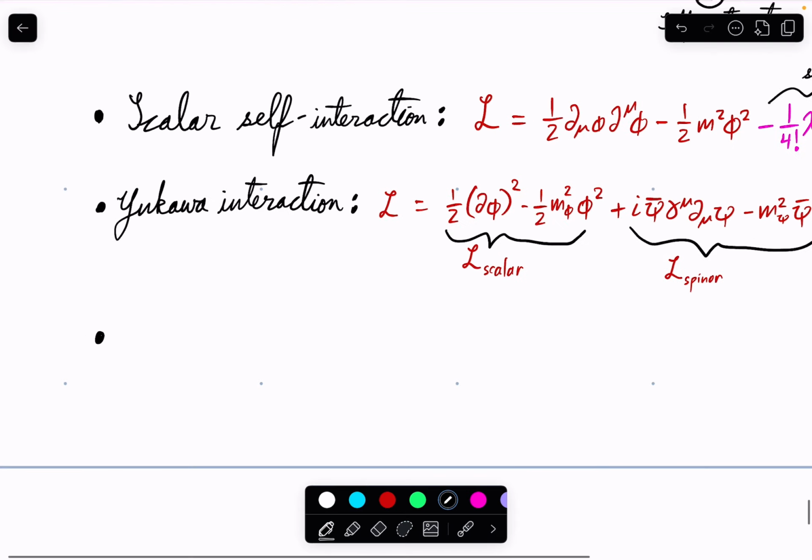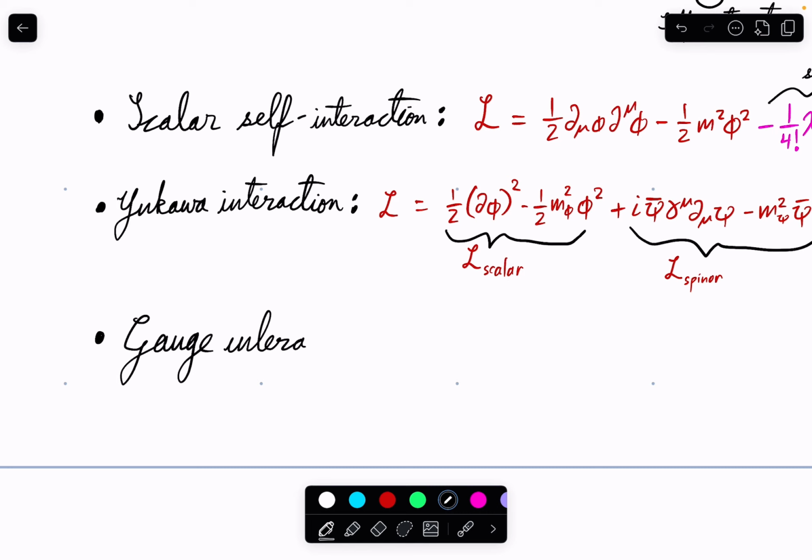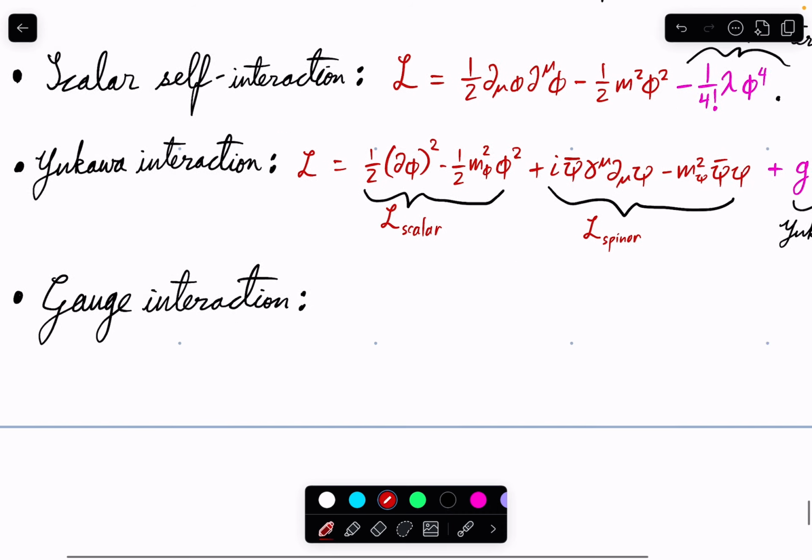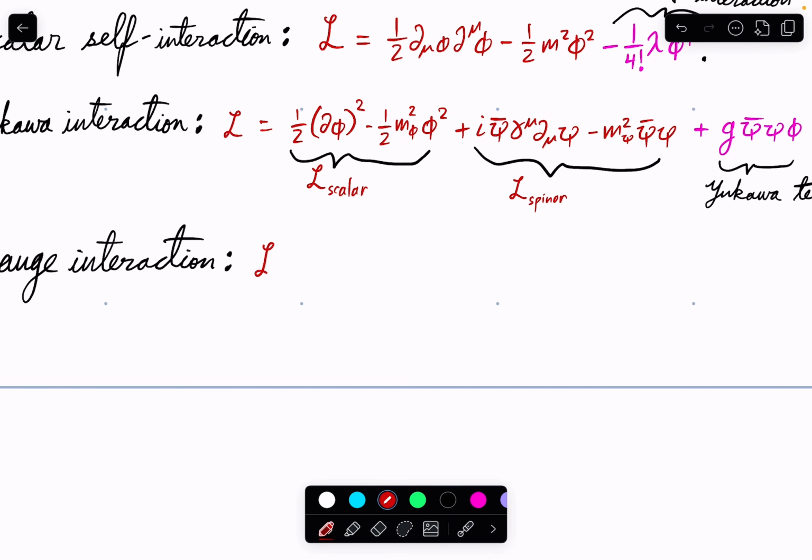So you can also have gauge interaction. And I'm just going to write it down for the spinor gauge interaction because the same process is used for the scalar field.